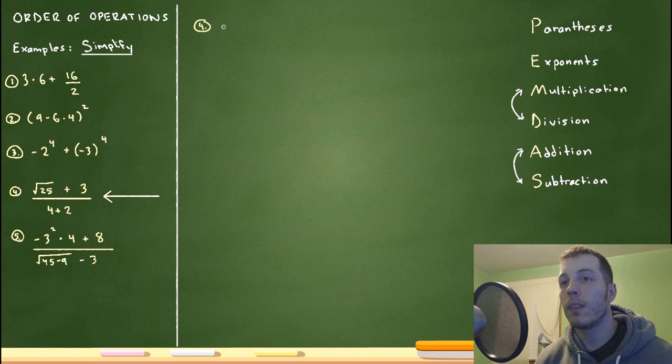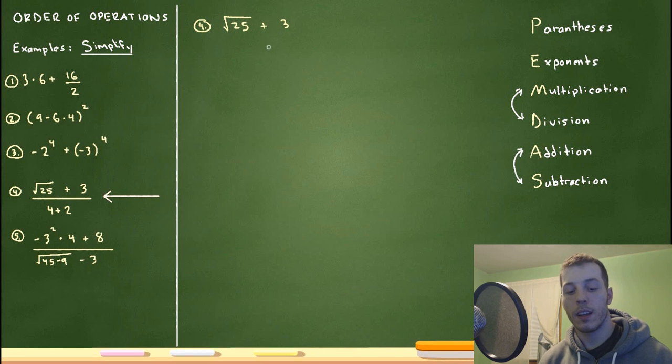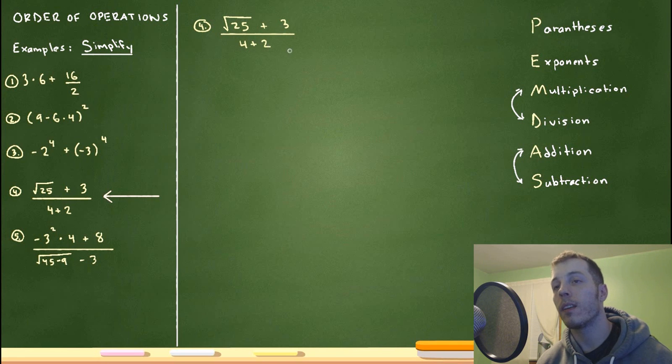So in number 4, we have the square root of 25 plus 3. And this is all being divided by 4 plus 2. Okay, so we need to simplify this using the order of operations. So in this case here, number 4, when you look for parentheses, now it doesn't look like there's parentheses, right?